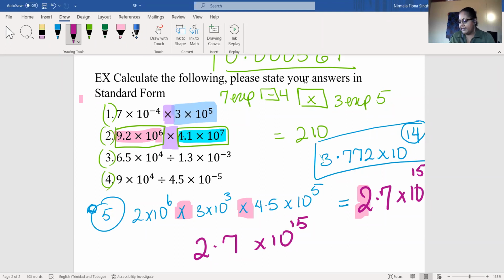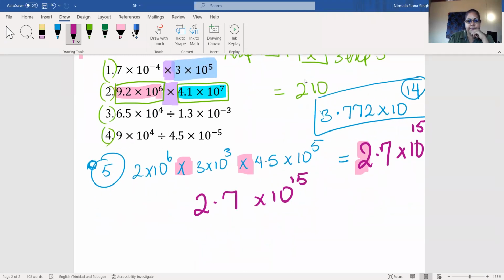So the way that we write this down to indicate a power is to use the little hat sign, which is usually on your keyboard. So you write 2.7 x 10 hat sign 15.